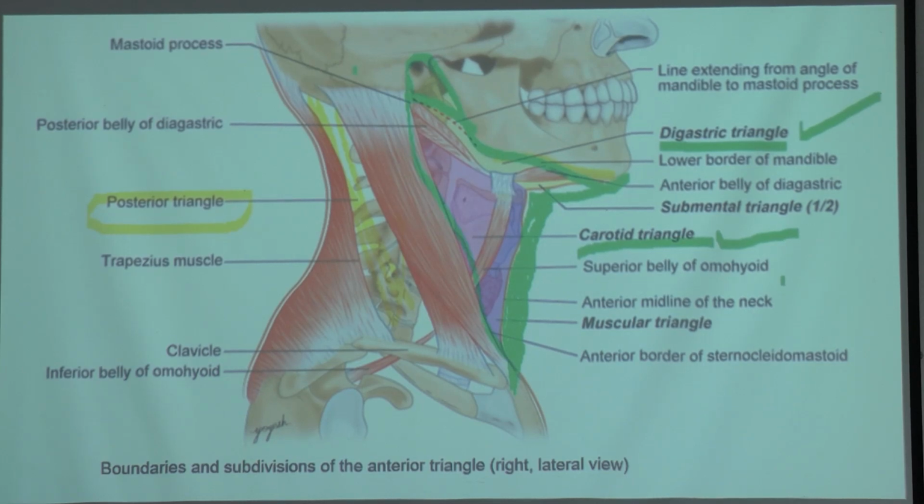So, whether it is right common carotid or left common carotid, it divides at the level of the upper border of the thyroid cartilage.